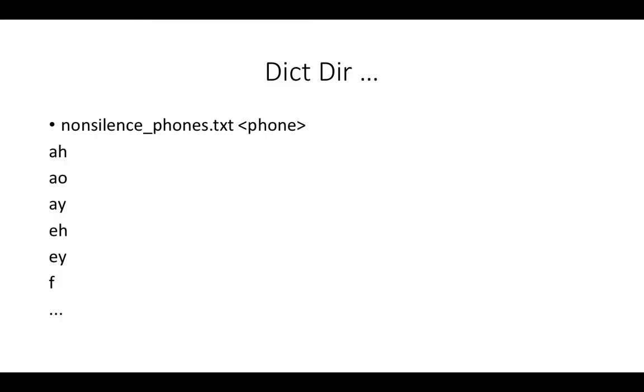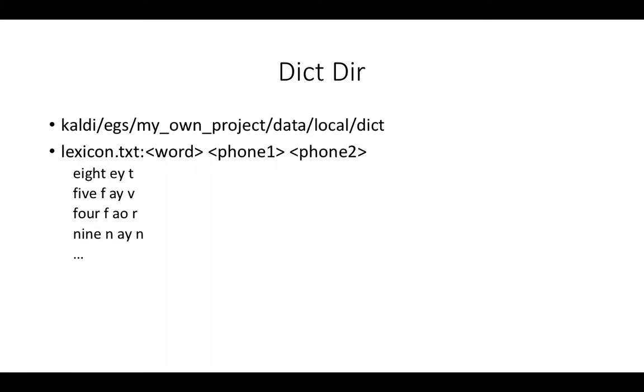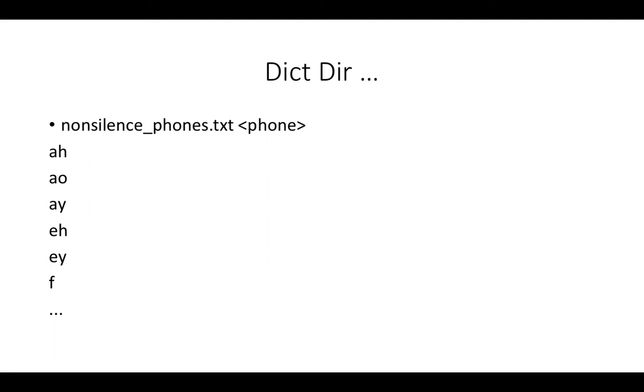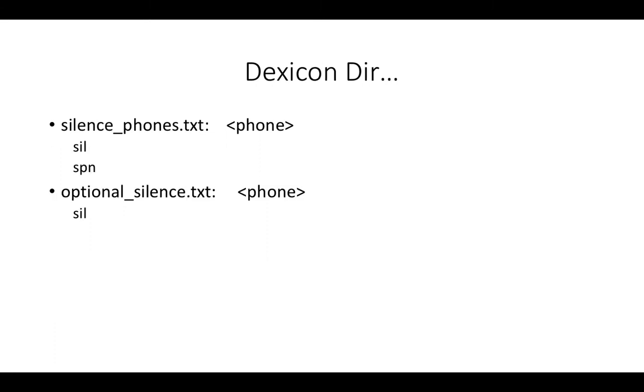Then comes the non silence phones file. This file contains the phonemes or phones used in the lexicon, as you can see here. The right side phones are the non silence phones. Next is the silence phones file, which contains SIL, used for silence, and SPN, used for spoken noise.